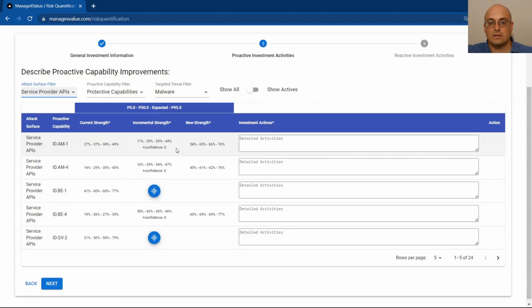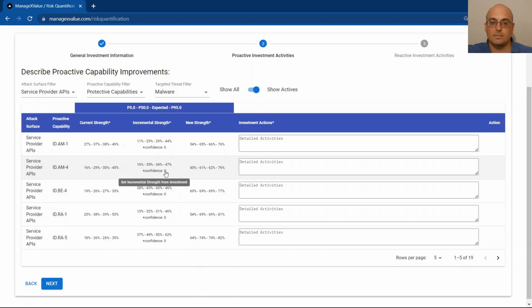What you see here really is that the assumption for this investment is that whenever there are lower levels of capabilities or strengths for the capabilities, we will improve those to a higher level. For simplicity, let's just focus on what has been changed. So right now there are 19 capabilities on this specific attack surface that are improved.